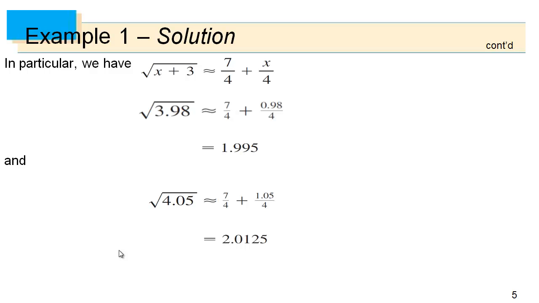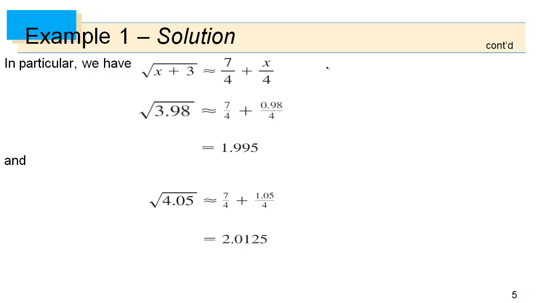Okay, so now when we're trying to figure out the square root of 3.98, it's really just what is x in this case? To get 3.98 out of this, x needs to be 0.98. And so that's why our approximation is now going to be 7/4 plus 0.98 over 4.